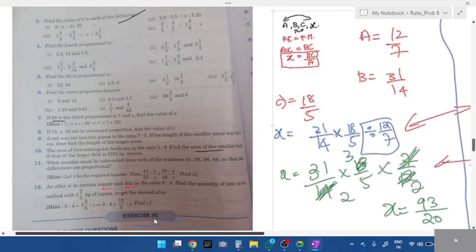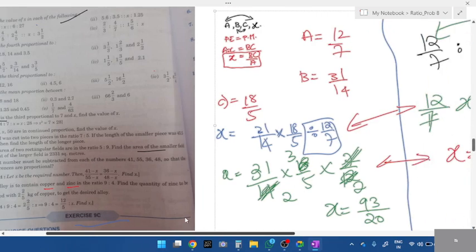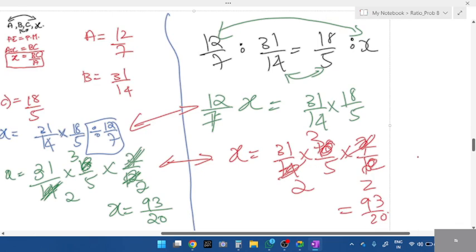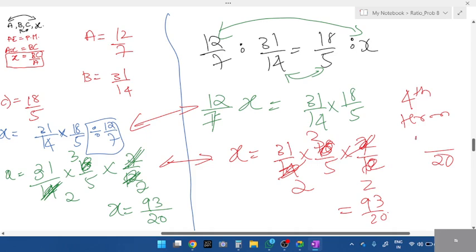Where is this question? Is it given in whole number or mixed fraction? The main question. Fourth, mixed fraction. So for the fourth term, you shouldn't write x, you should write like this. If you convert this into a mixed fraction, you'll get 4 13 by 20. 4 13 by 20 is the answer, students.